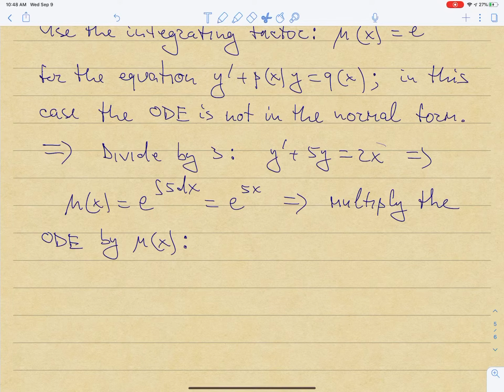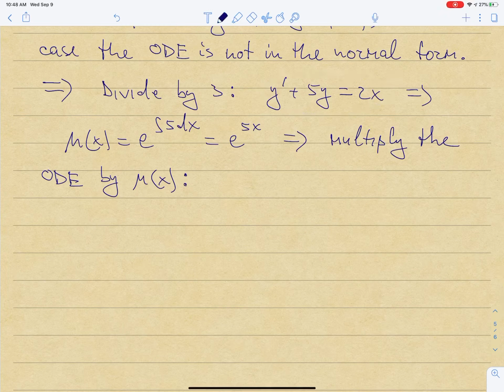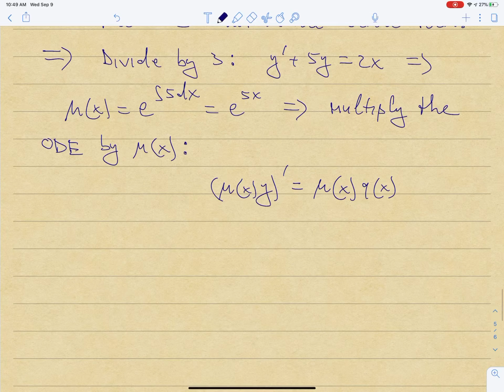So we take this, we multiply by mu of x, and from the product rule, the left-hand side is going to look like mu of x times y, quantity prime, and this is equal to mu of x times q of x. In this case, mu is the exponential, and q is, as we can see from here, 2x.